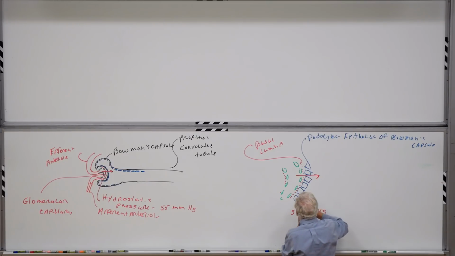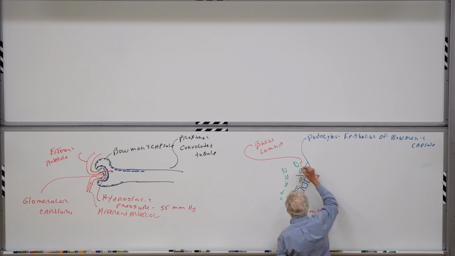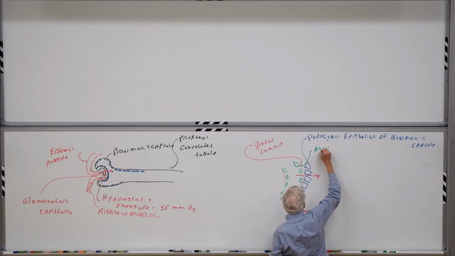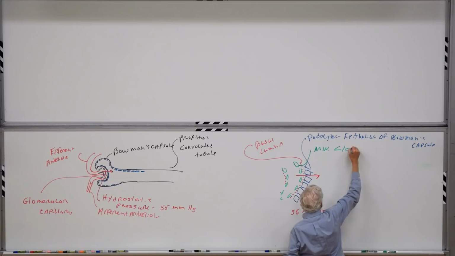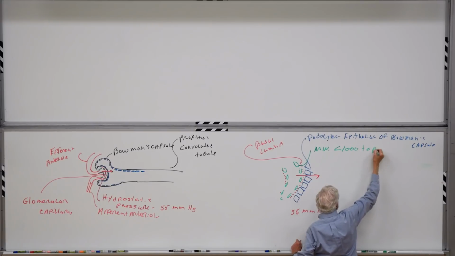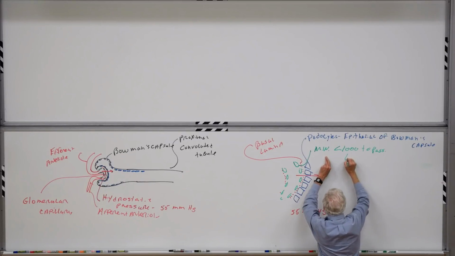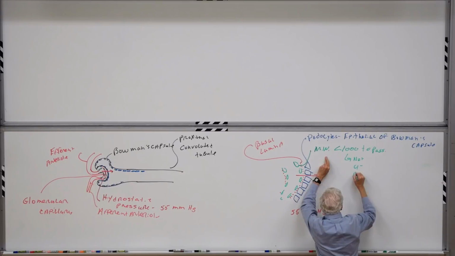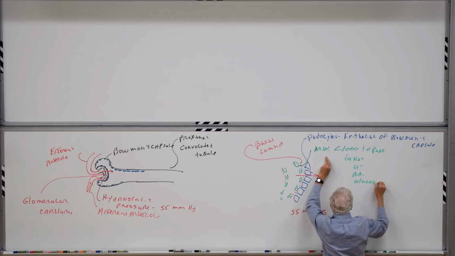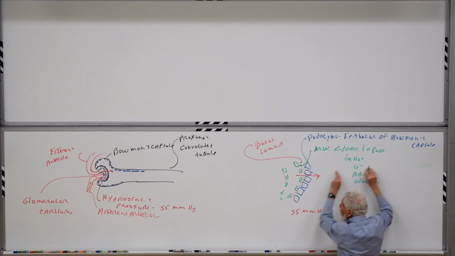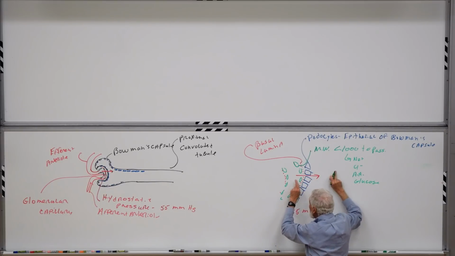They're so small that all they permit is molecules of molecular weight less than 1,000 to pass. So from that, you'll see that molecules like sodium and chloride and amino acids and glucose, these small molecular weight molecules, are easily going to pass between these endothelial cells.